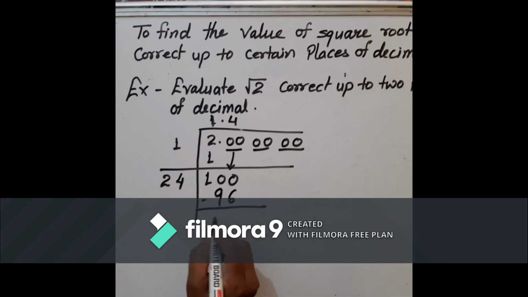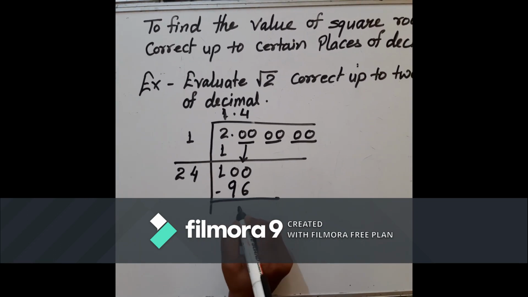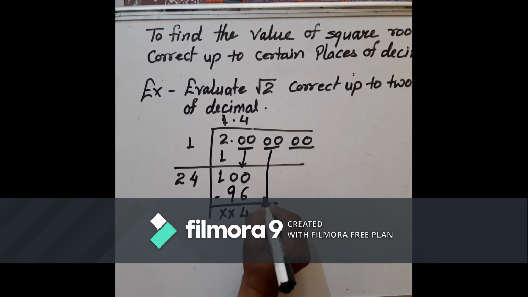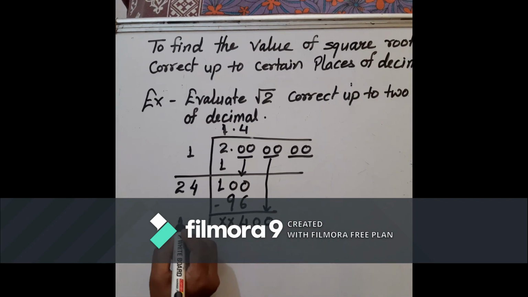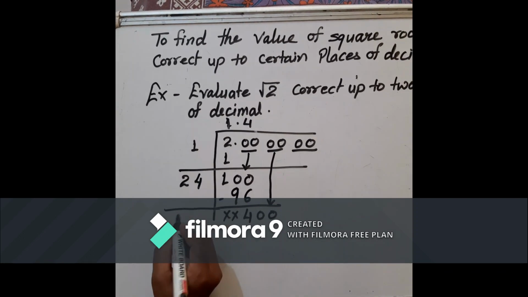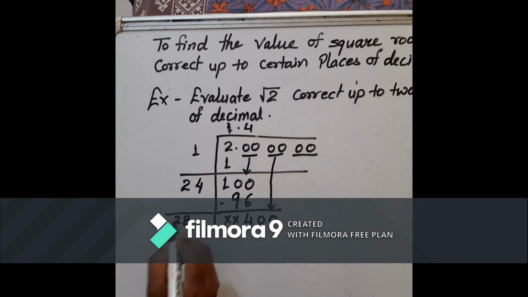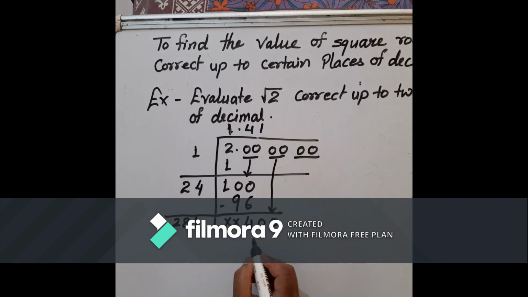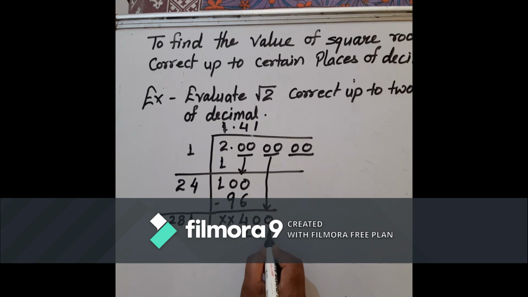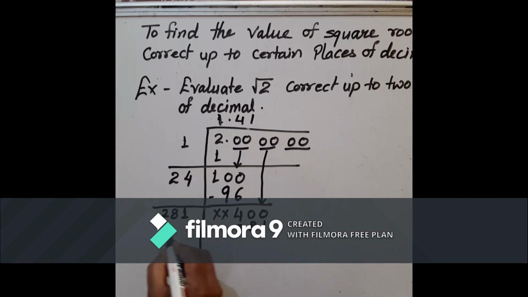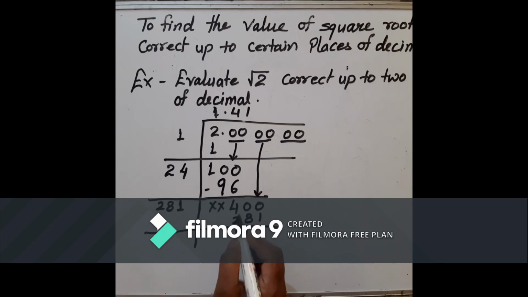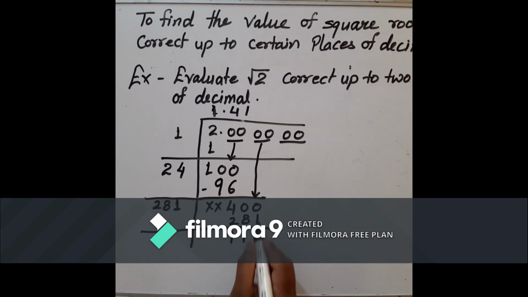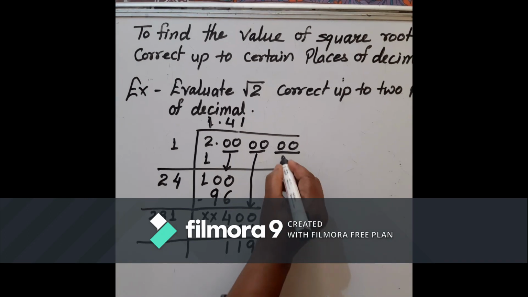Subtract, then 4 comes, bring down the next pair. 24 plus 4 is 28, then 1 times, 281. Subtract, then 1 comes and the next pair.